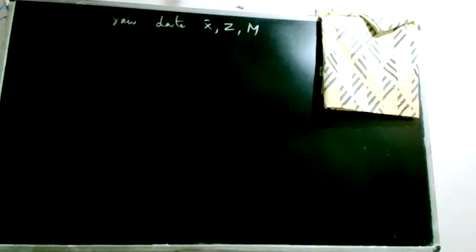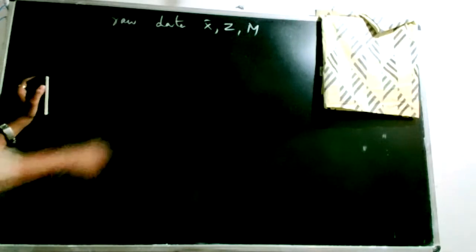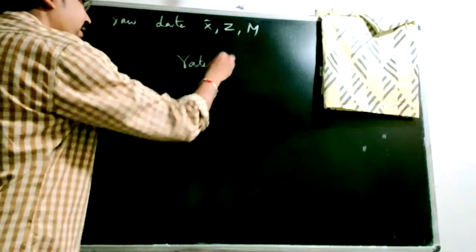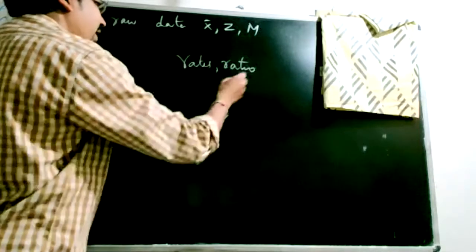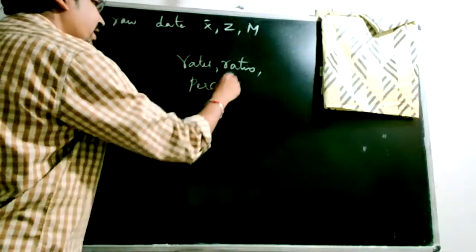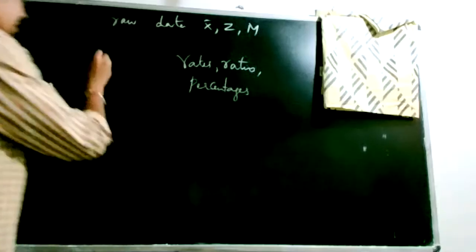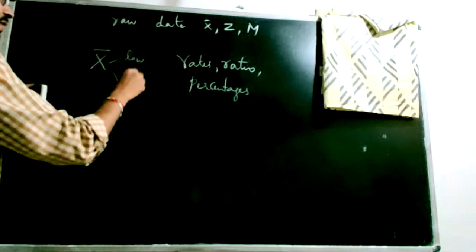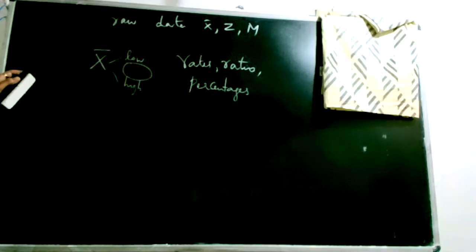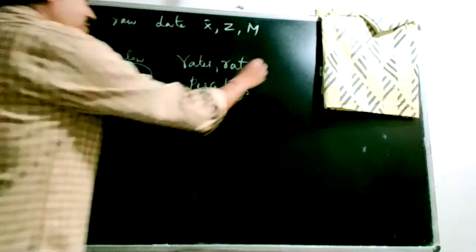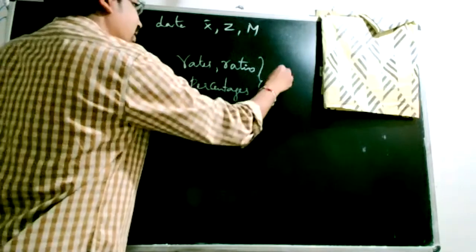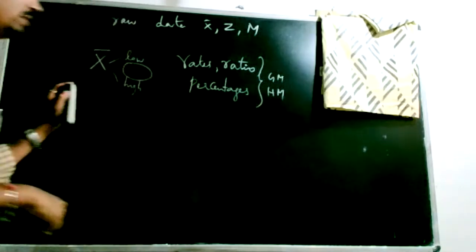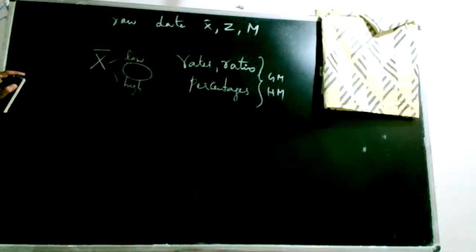Even the concepts of geometric mean and harmonic mean have come like that only. We have cases where our x is in terms of rates or ratios or percentages, and at times these could be very low values or very high values. The problem with x bar is that it cannot deal with the presence of high or low values along with the other data; it gets fluctuated or affected by that. So we use the concepts of harmonic mean and geometric mean for data like this.